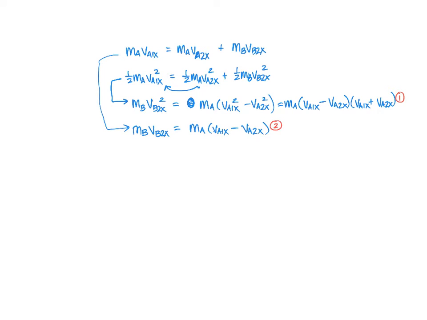And you might notice that if I divide those equations, I'm going to get a lot of terms dropping out. So that's exactly what I'm going to do. I'm going to put equation 1 over equation 2.